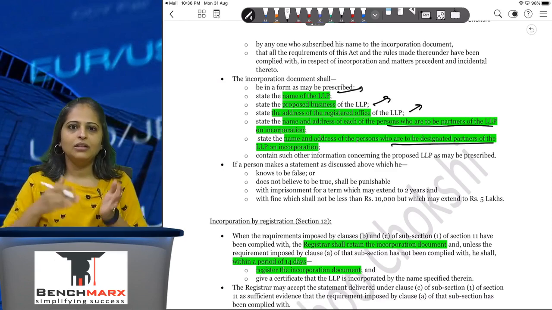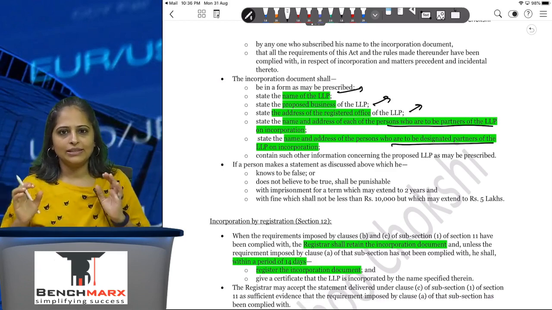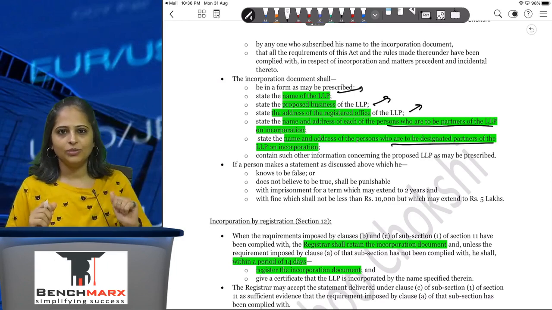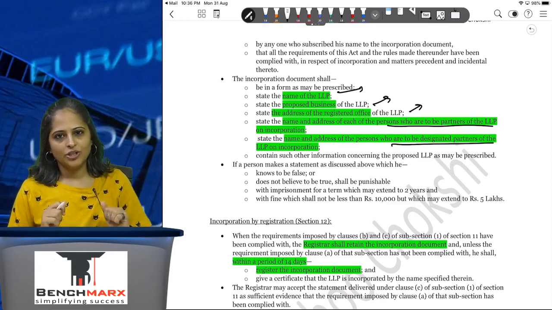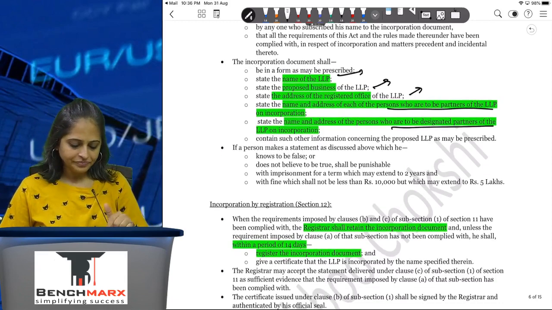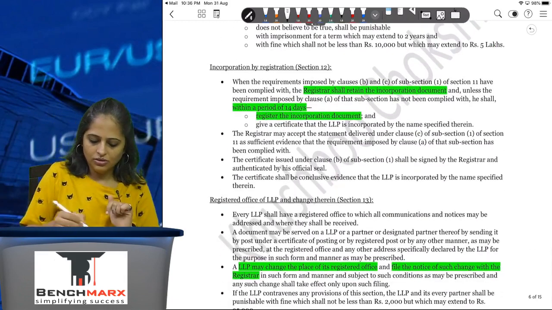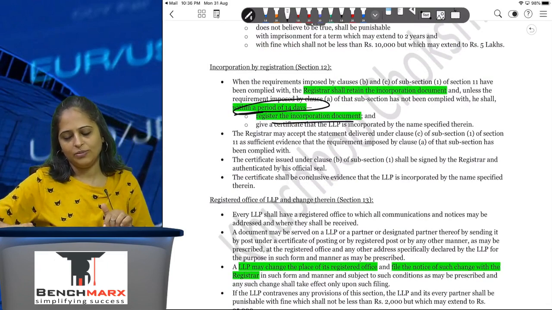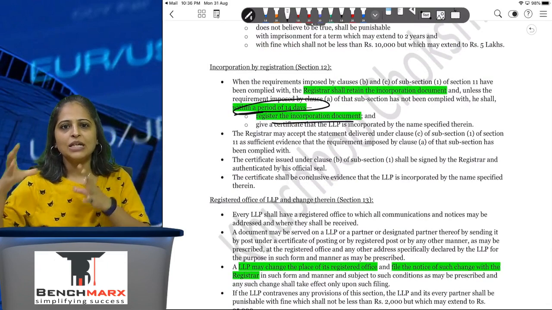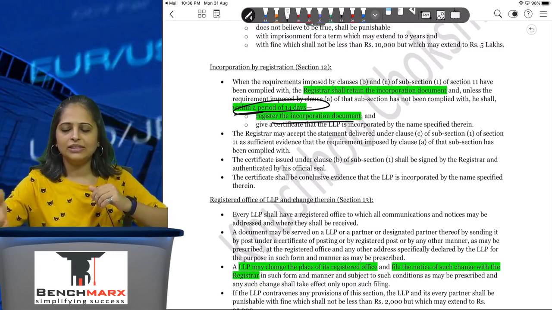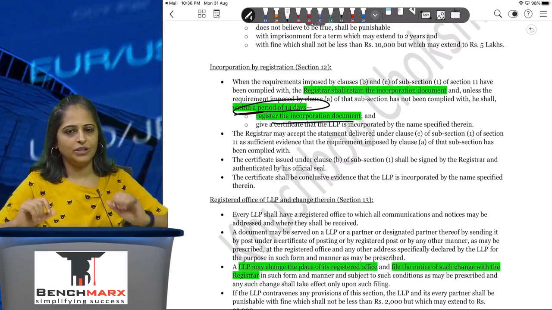From that date, the LLP will come into existence, and all the provisions of the LLP Act will be applicable to that LLP from the date of the certificate of incorporation, similar to the Companies Act. Within a period of 14 days it will register the incorporation documents. Once you file all these documents, within 14 days it will say okay, you are registered, or you're not registered, or these are the issues, and you'll have to resubmit the documents.